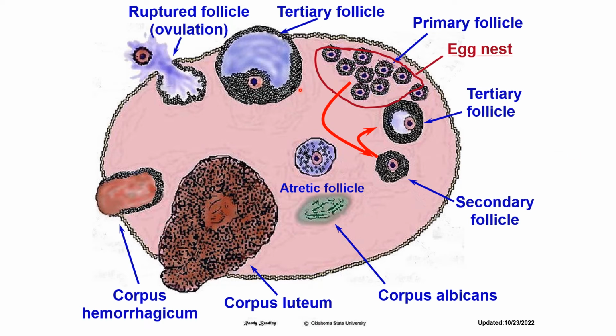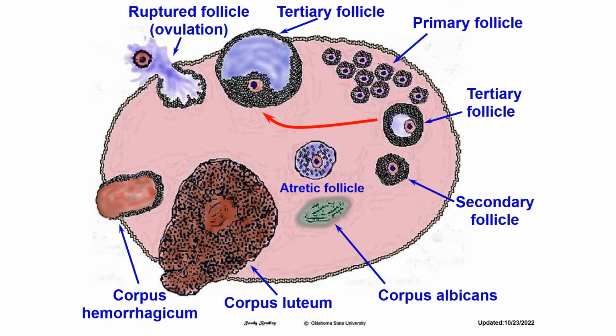So as you can see in the figure, the Graafian follicle ruptures, or ovulates, to release the oocyte, and later on, this ruptured follicle becomes a corpus hemorrhagicum, then it becomes a corpus luteum and a corpus albicans.